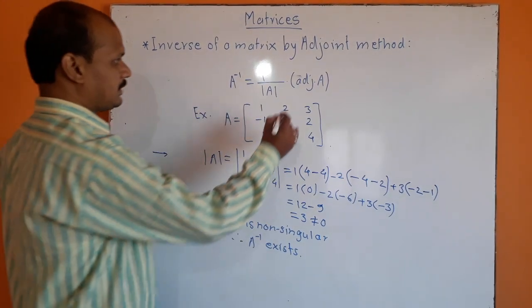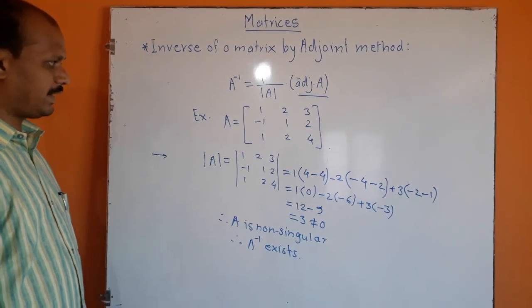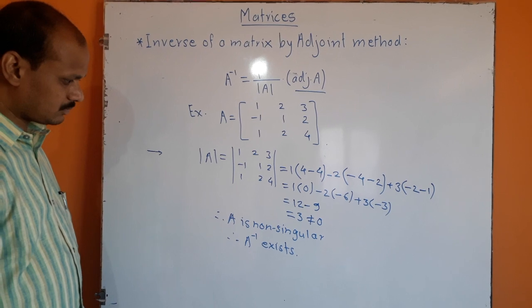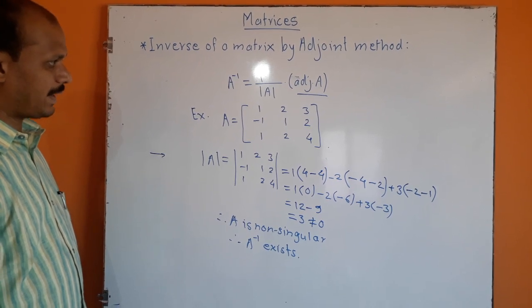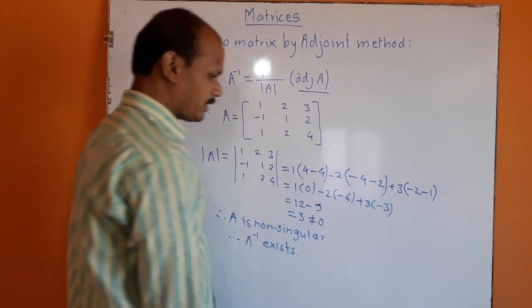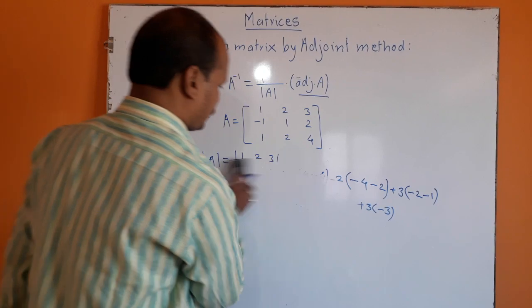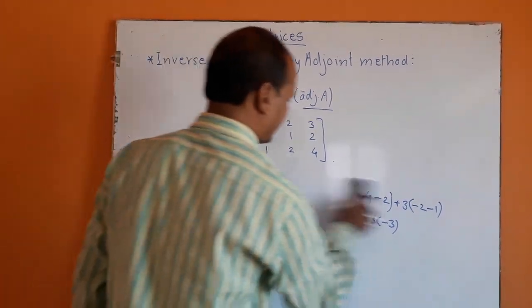Now we have to find the adjoint of matrix A. Therefore first we have to find the minors and cofactors of the elements of this matrix.